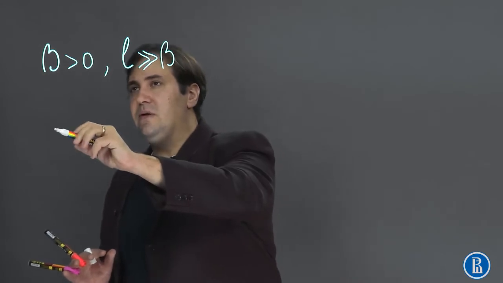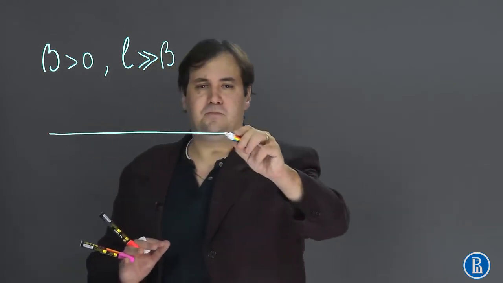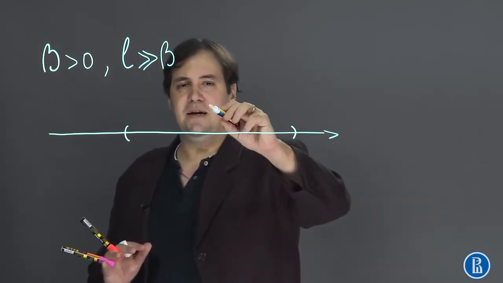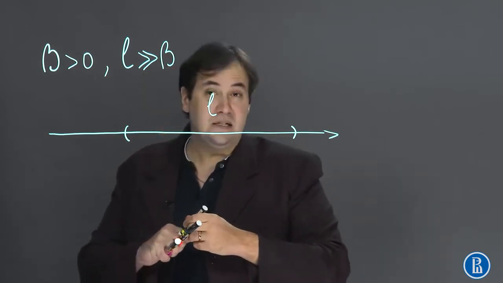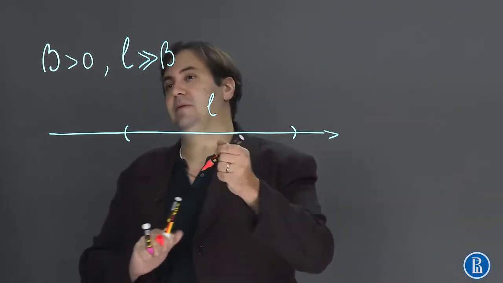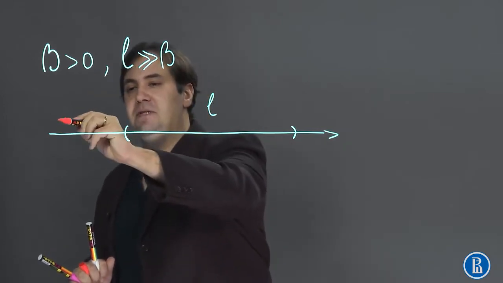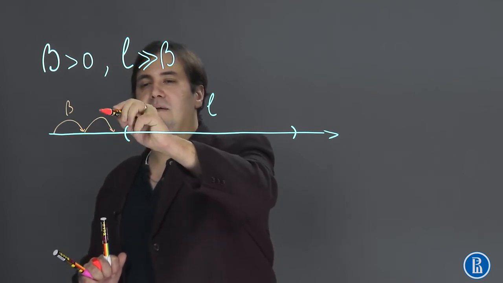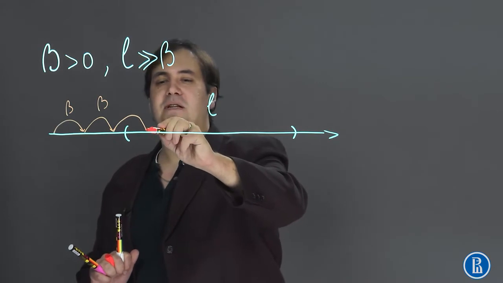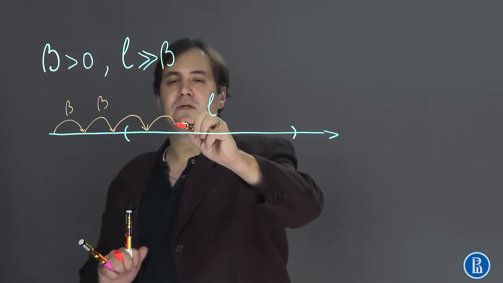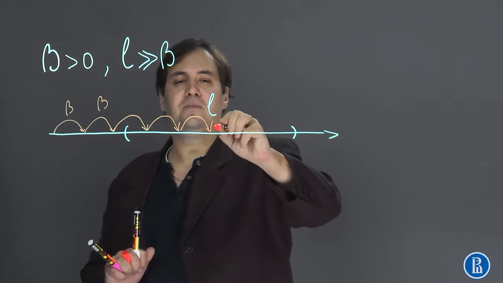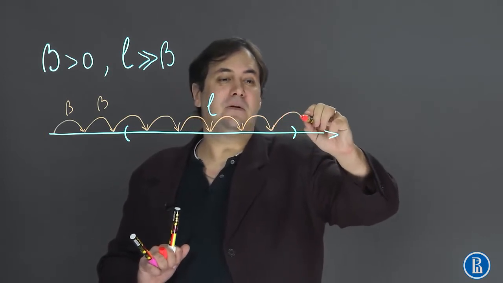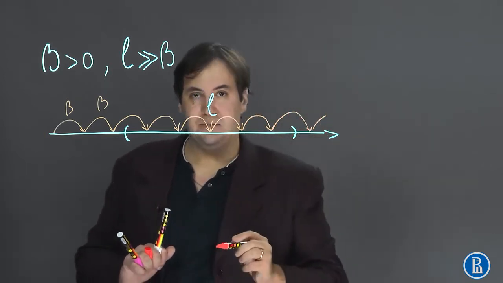So there is a line, an interval of length L on this line, and the grasshopper, whose step is beta, and it jumps along the line, beta and beta, and at some moment it pops into the interval, and it goes on within the interval, and at some moment it pops out of the interval and continues its path.